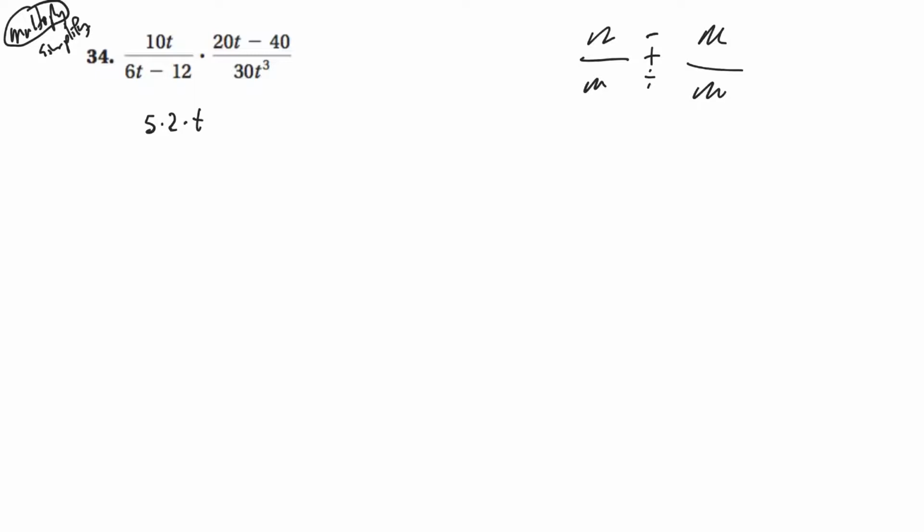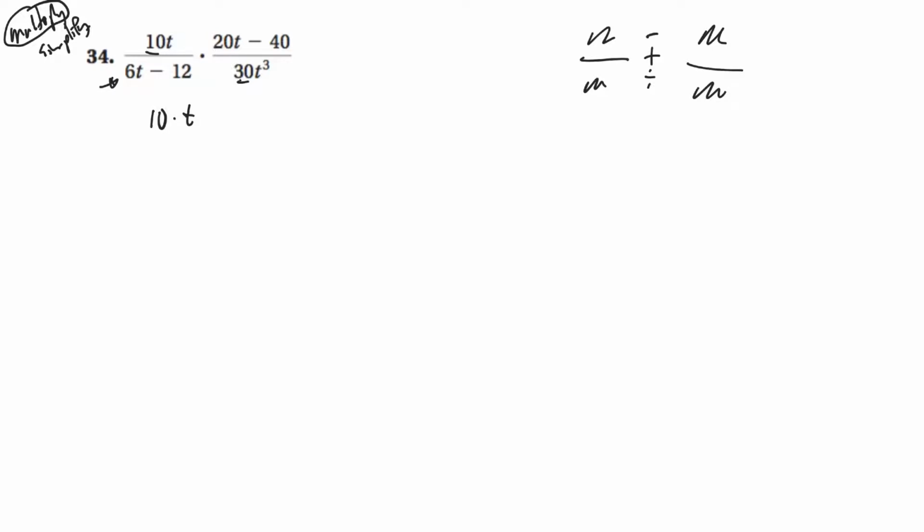And what I'm looking for really is numbers that I can factor something at the bottom to, so that I can cancel them. So when I look down below, I see a 30, and I know 10 goes into 30. And so I'm just going to leave that one as 10 times t.